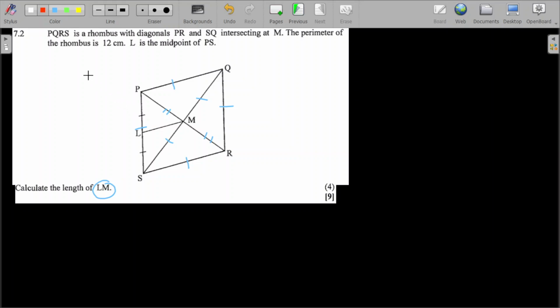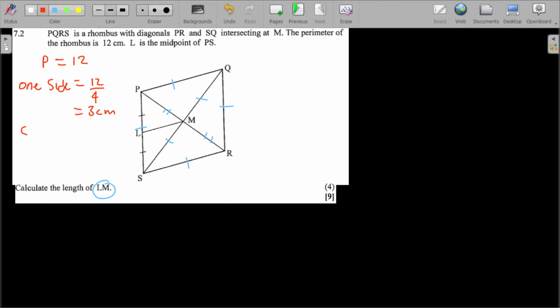Now, first thing, what we know here is that our perimeter, which is P, is equal to 12. Remember, perimeter is the sum of all the sides. So if my perimeter, how many sides do I have? I have 4 sides. So if I can calculate one side, it is going to be equal to 12 divided by 4, which is going to be equal to 3 centimeters. So I was looking for SR in this case.